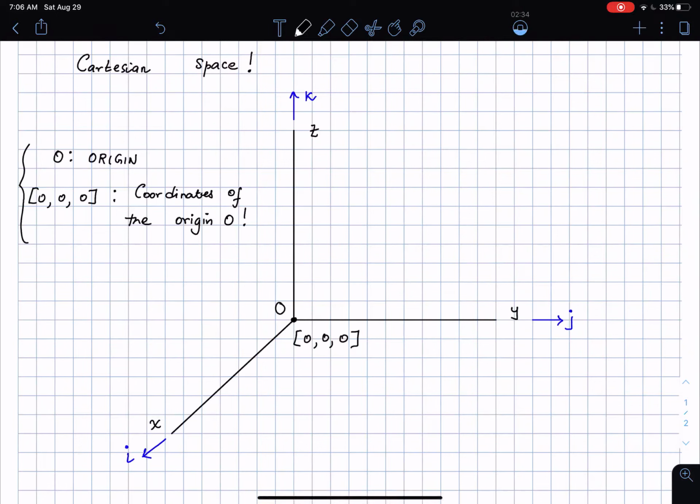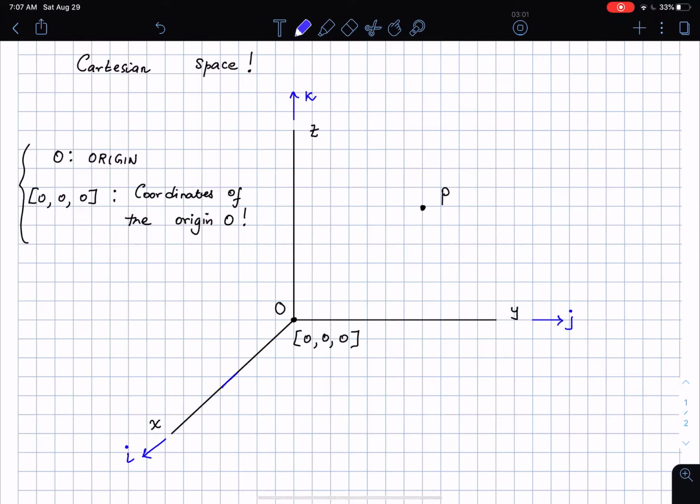Okay, that is straightforward. Now let's say that I have a point P which is situated at some arbitrary distance x, y, and z from the point O. How do I draw these distances? Here is how I do it.